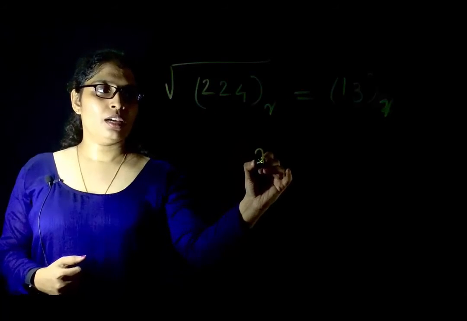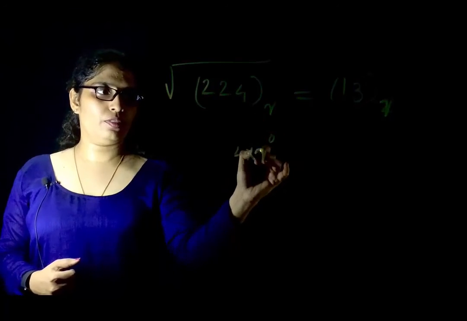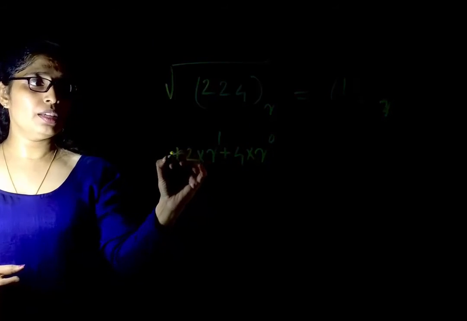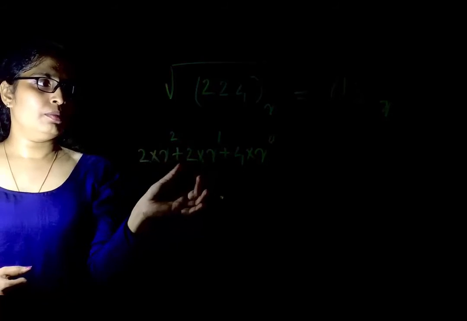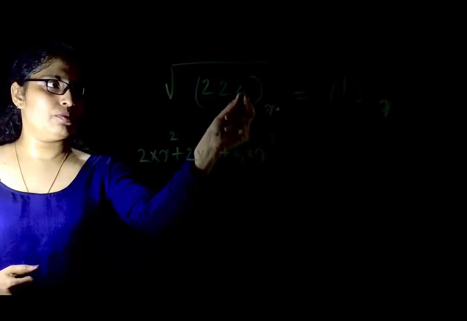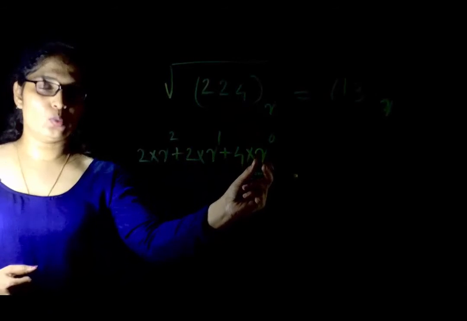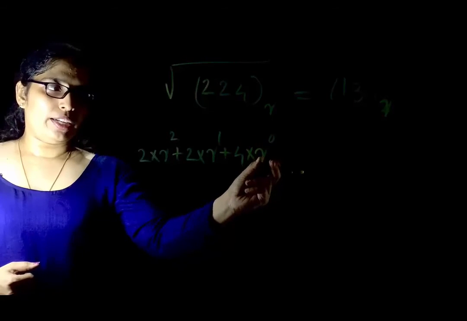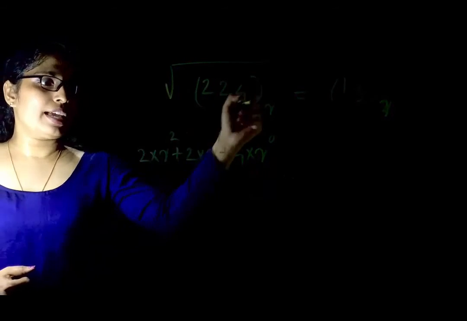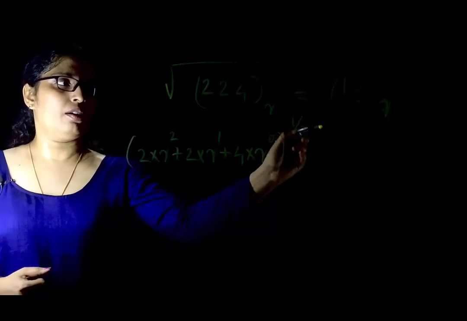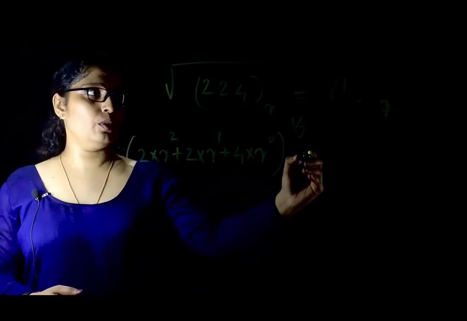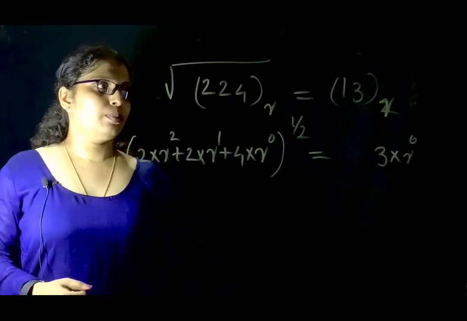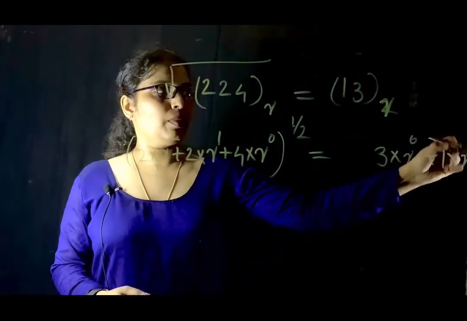The procedure is: R raised to 0 into the first digit 4, plus R raised to 1 into 2, plus R square into 2. That means add the value present in each position with its positional weightage. Since this is a square root, apply power 1 by 2, which equals 3 into R to the power 0 plus 1 into R to the power 1.